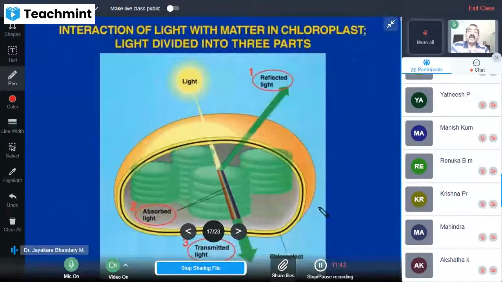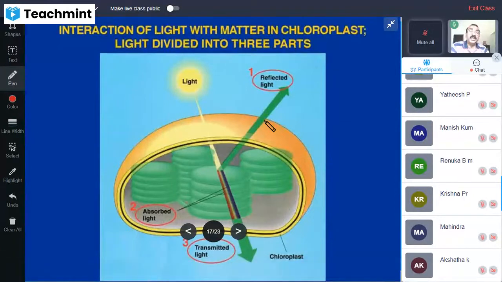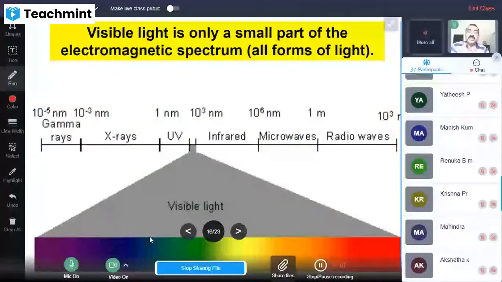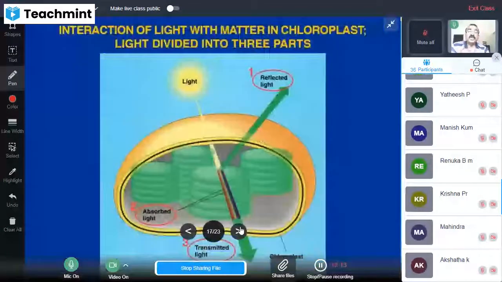Now this is what happens when light falls on chloroplast. Some amount of light is reflected back, whereas some amount of light is absorbed. Okay. Now, one very important aspect is this chloroplast and leaf, they appear green in color. Why do they appear green in color? Because the green part of the spectrum is reflected.